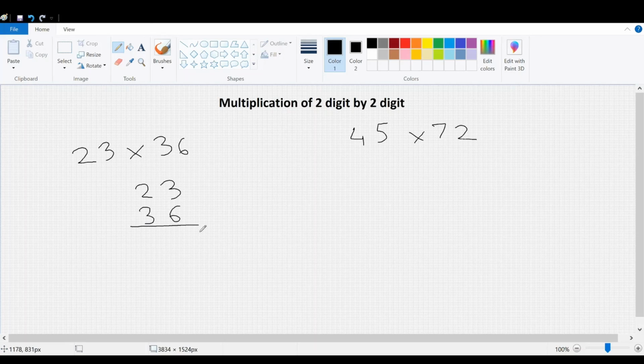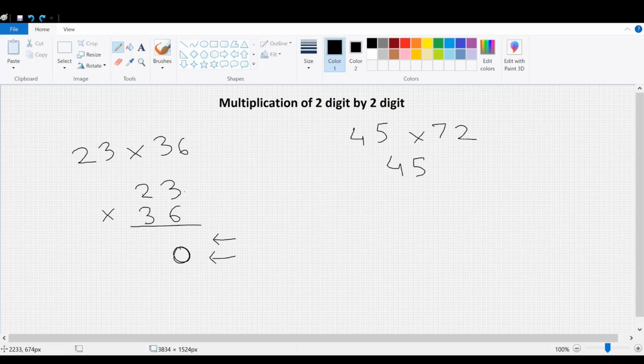Draw your answer line, write your multiplication symbol. 23 times 6, the answer will come in this line, and 23 times 3, the answer will come in the next line, and do not forget to add a 0 when you're doing that.